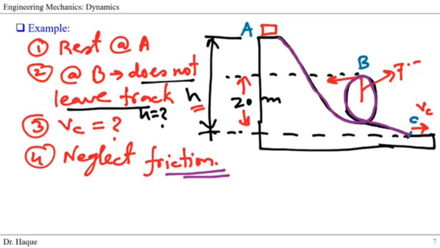The problem gives a two-point condition: the condition at A, where the box is at rest, and it asks about the condition at point B. It also asks about the velocity at point C, so again it's a two-point condition, and we may apply conservation of potential energy.